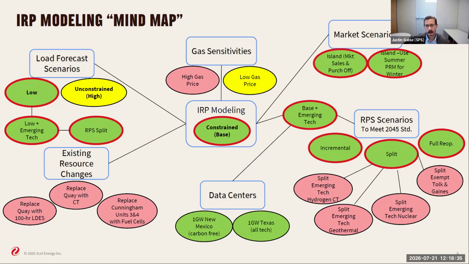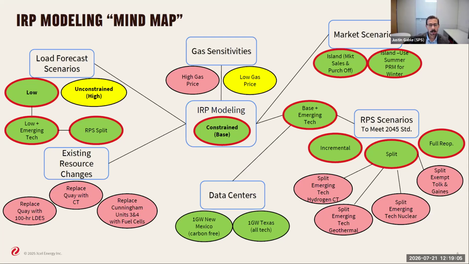Also, in the top right-hand corner, when you see the islanded use summer PRM for winter, that was a change that we did in response to stakeholders' requests, where we were debating on whether we drop a PRM requirement in the winter altogether, which was what SPS had originally done, or to modify the PRM to match the summer PRM requirement. And then what are we going to do with ELCC values?